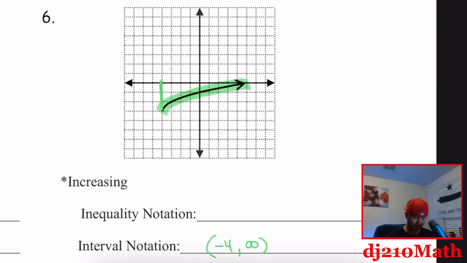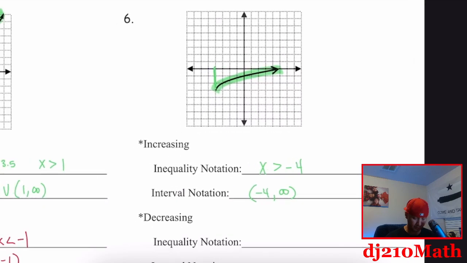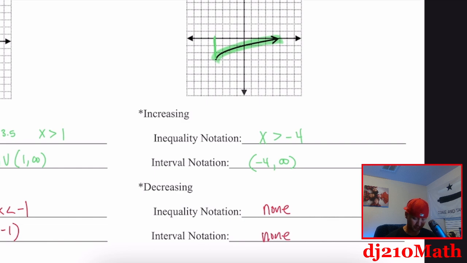So for the inequality, we're saying all the numbers that are larger than -4, right? Because it's going towards infinity. Decreasing, none, right? There's no decreasing whatsoever. There isn't one. Not a one.